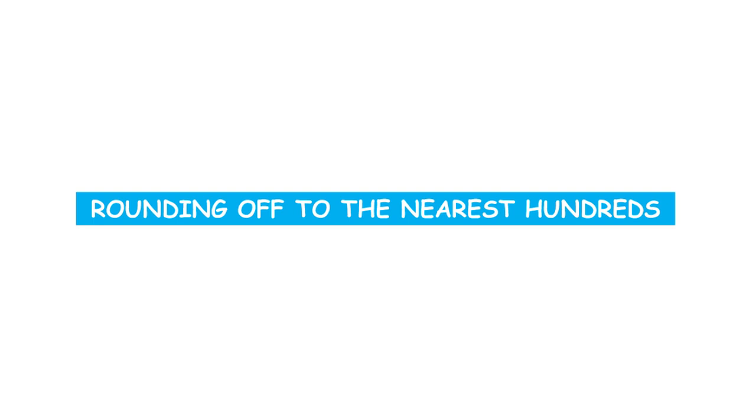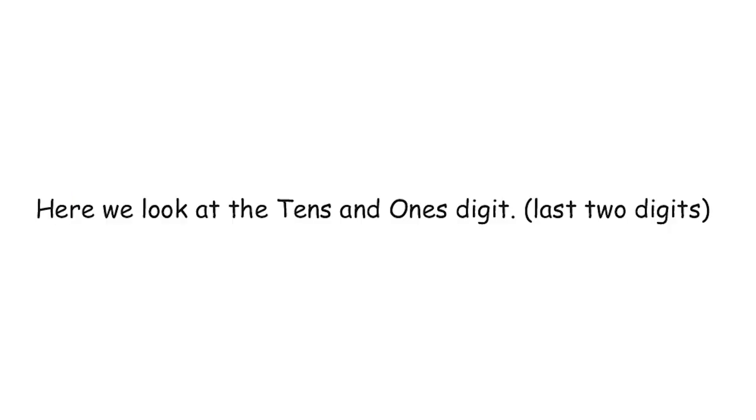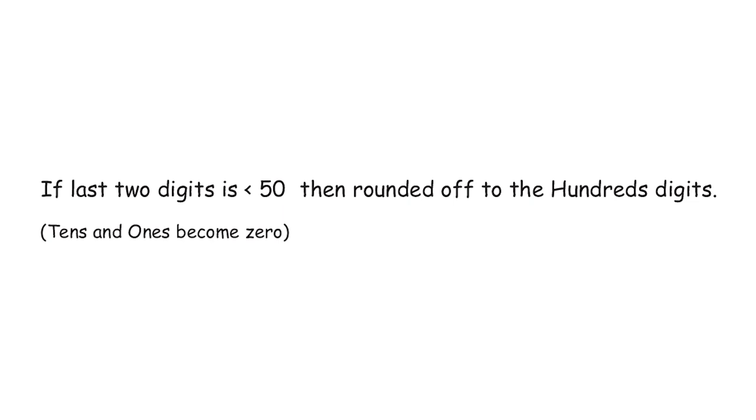Let's look at rounding off to the nearest hundreds. Here we look at the tens and ones digit, the last two digits. For the nearest tens, we looked at only the ones digit, but for the nearest hundreds, you need to look at two digits. So, if the last two digits are less than 50, then you have to make the tens and ones 0 and round off to the hundreds digit.